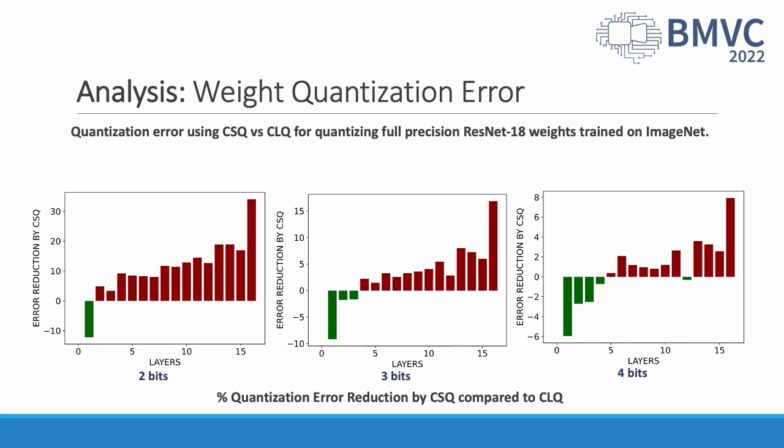The red bar indicates that the quantization error is reduced using CSQ, and the green bar represents that the quantization error reduces by using CLQ. So we can see that for 2-bit precision, we can reduce the quantization error by up to 30%, and for most of the layers, CSQ significantly reduces the quantization error. And as we increase the precision, the quantization error reduction becomes smaller.